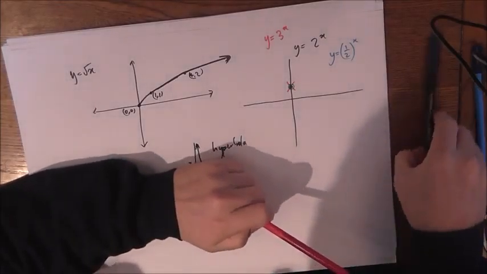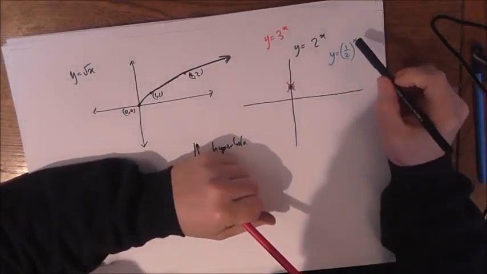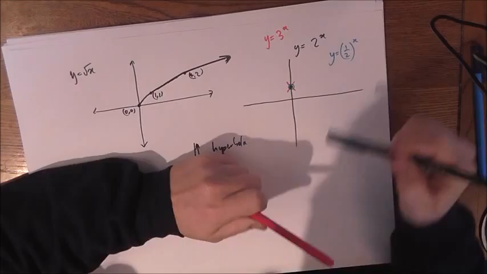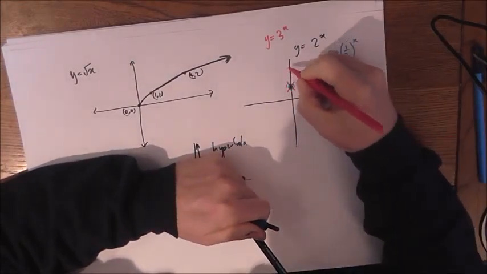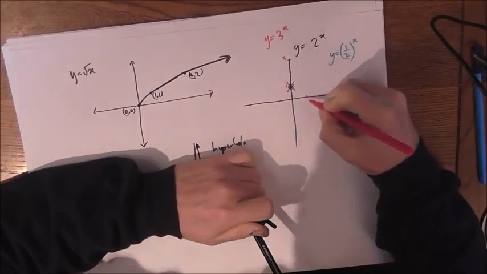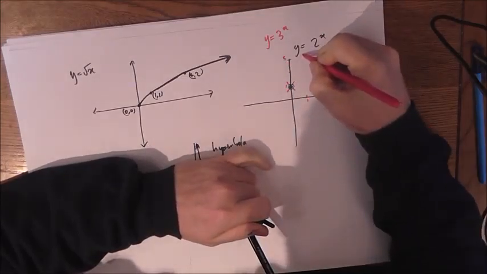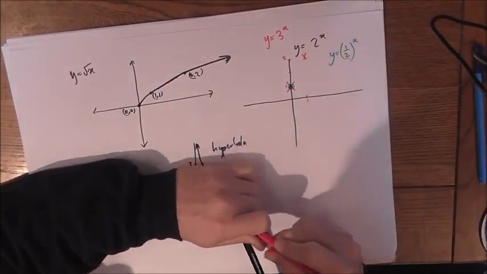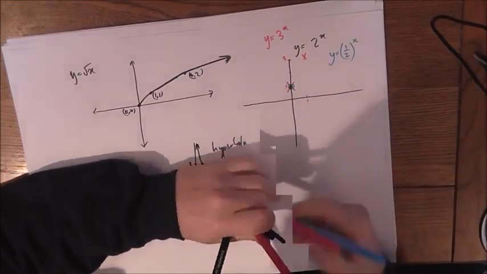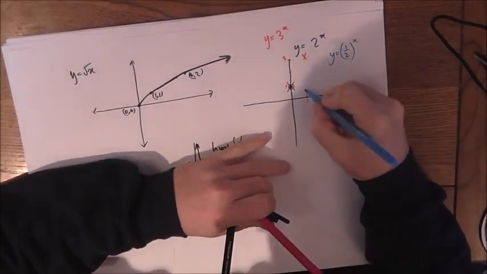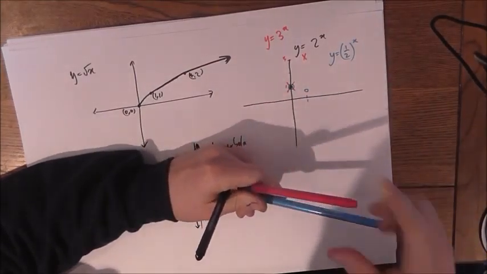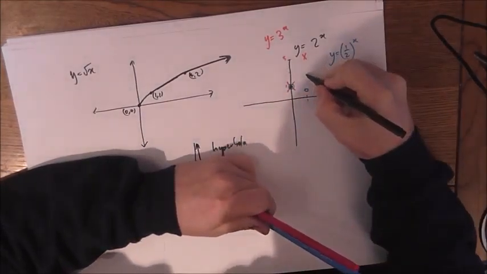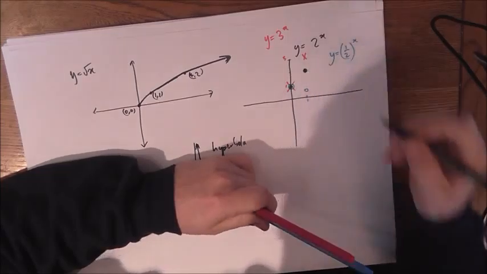Okay, all three of them also go through whatever this number is when you're at an x-coordinate of 1. So, up at 3, we have this one. Out at 1 we have this for half. And out at 1 we have a y-coordinate of 2 for the black one.